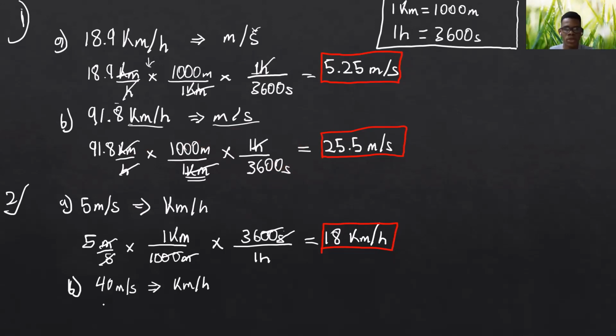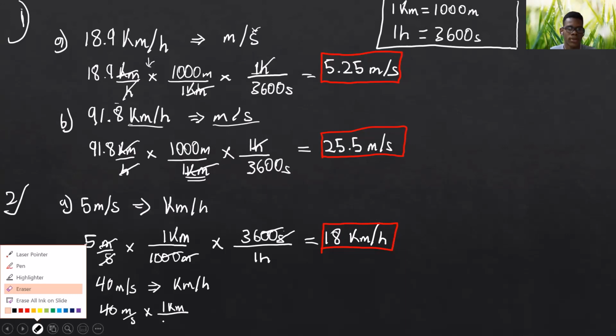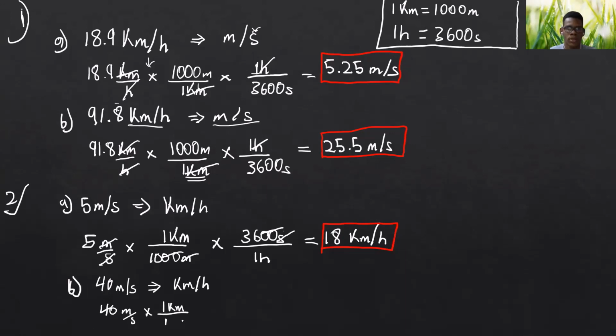And of course, that would be 40 meters over seconds. And we multiply by the same conversion factors. Right, the same orientation. Divide by 1,000 meters.